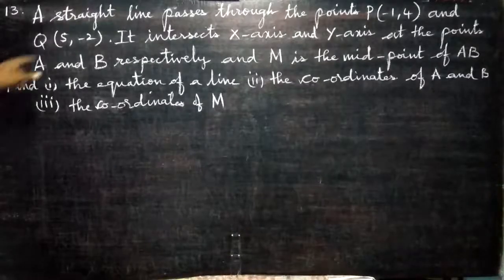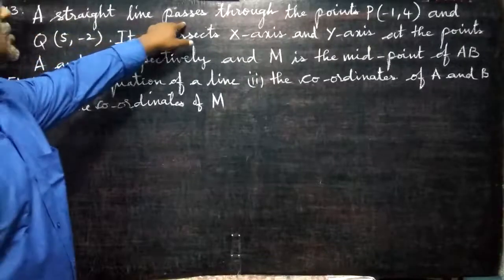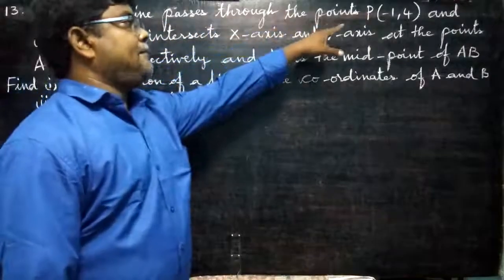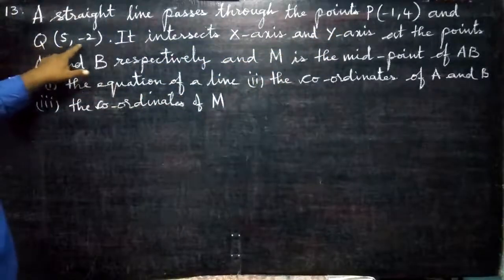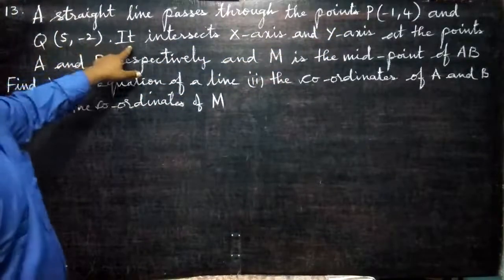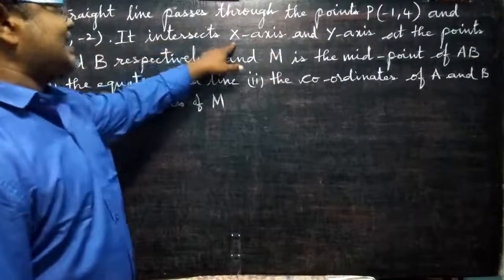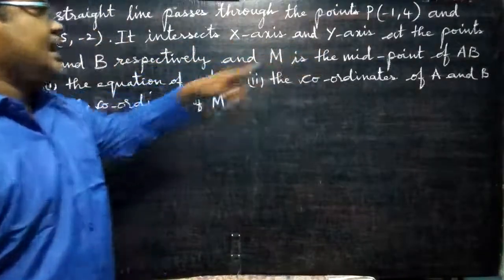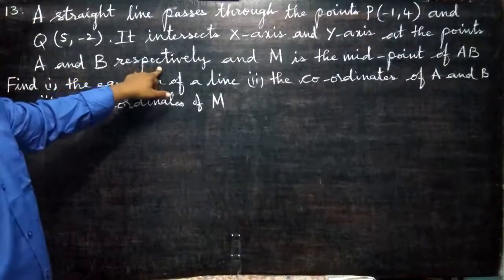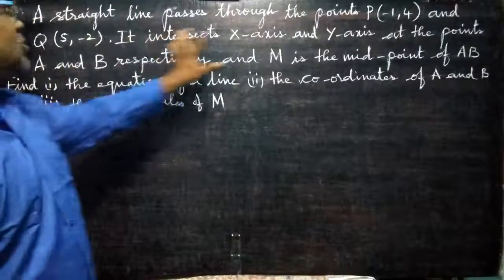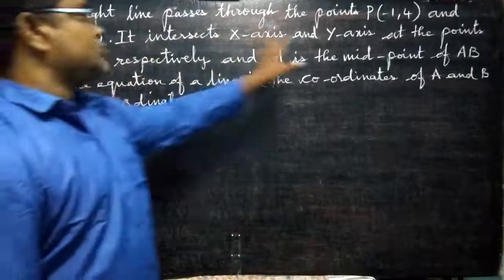13th problem. A straight line passes through the points P minus 1 comma 4 and Q 5 comma minus 2. It intersects x-axis and y-axis at the points A and B respectively. Respectively means A is on x-axis and B is on y-axis.